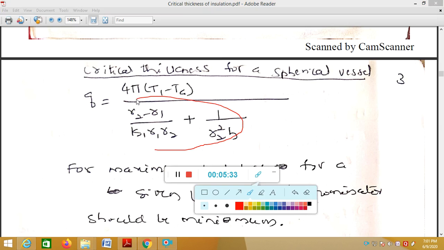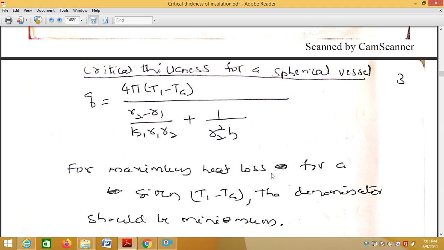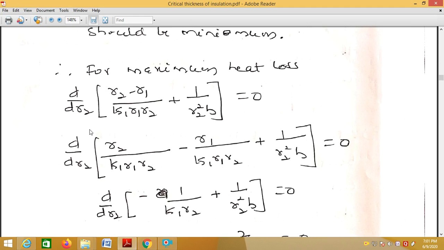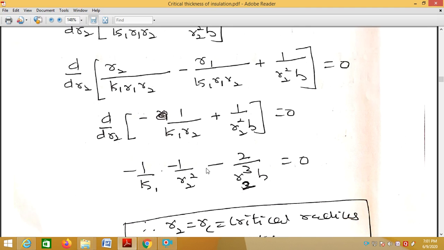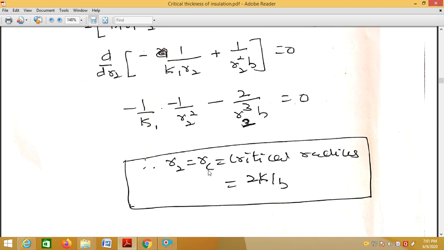So differentiating this denominator quantity and equating it to 0, we get the critical radius of insulation for a spherical vessel, R2 equal to RC equal to 2K by H.